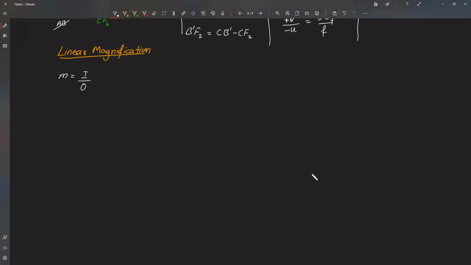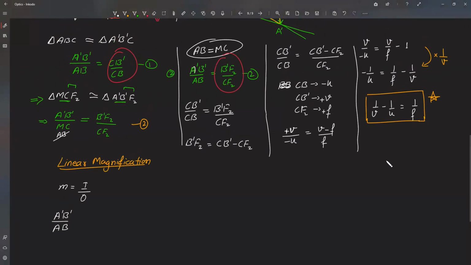So if you compare to the previous diagram, it will be A dash B dash divided by AB, right? And we have already seen that A dash B dash divided by AB is also equal to CB dash divided by CB, right?